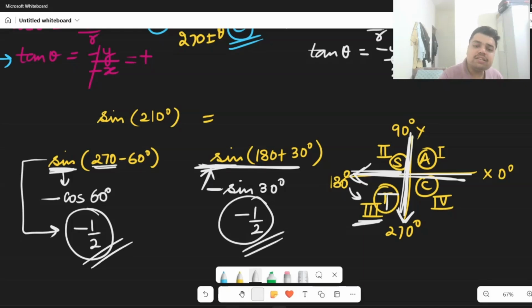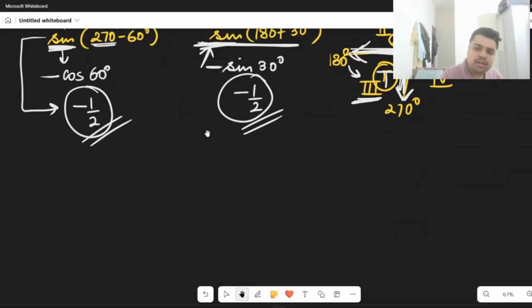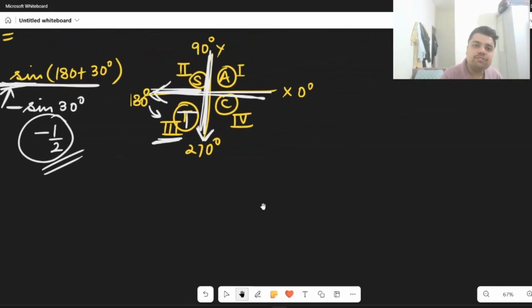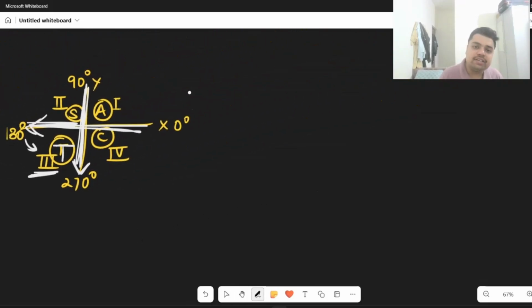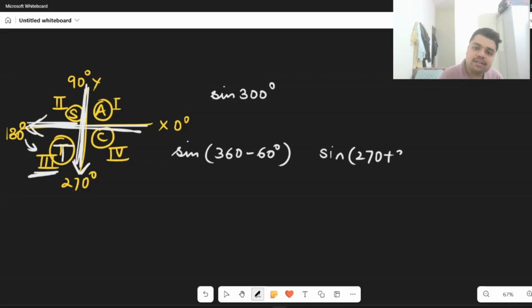Okay, let's see one more question. I am saying sine of 300 degrees. So can I write, someone will write sine of 360 minus 60, or another can write sine of 270 plus 30.